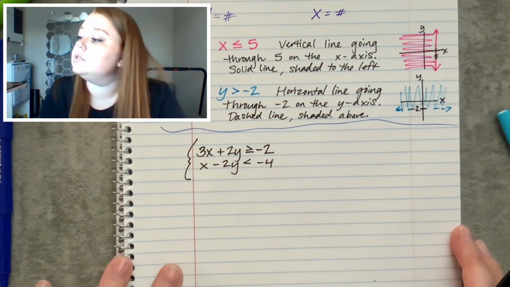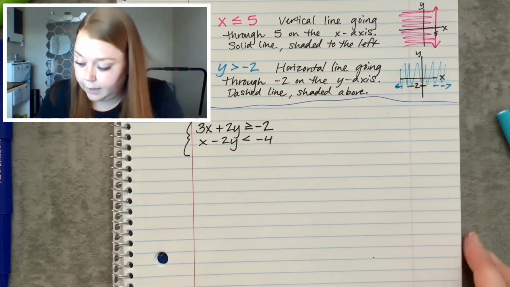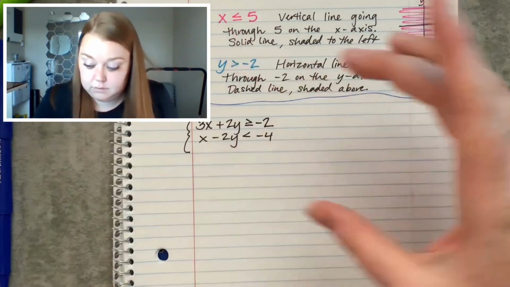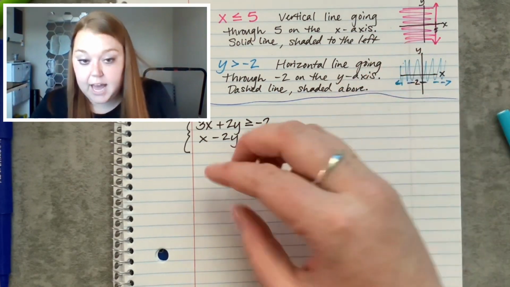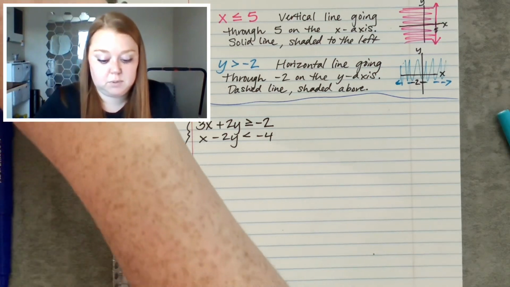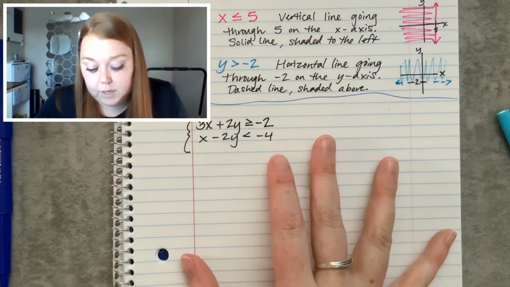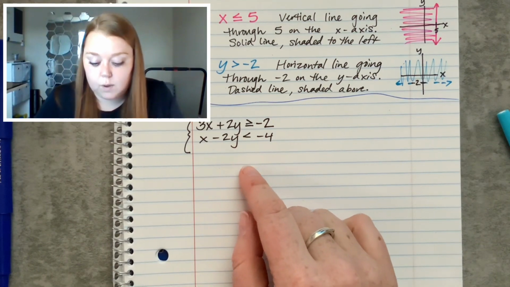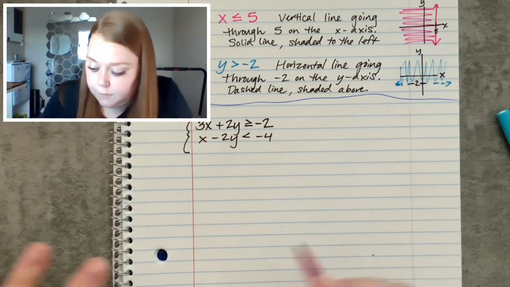Group it up using a little squiggly dude, okay? And before I even graph it, I have some converting to do. That was step 1 in the steps that we just wrote down earlier. We have to convert these. These are not in slope-intercept form. So I'm going to be doing that first.